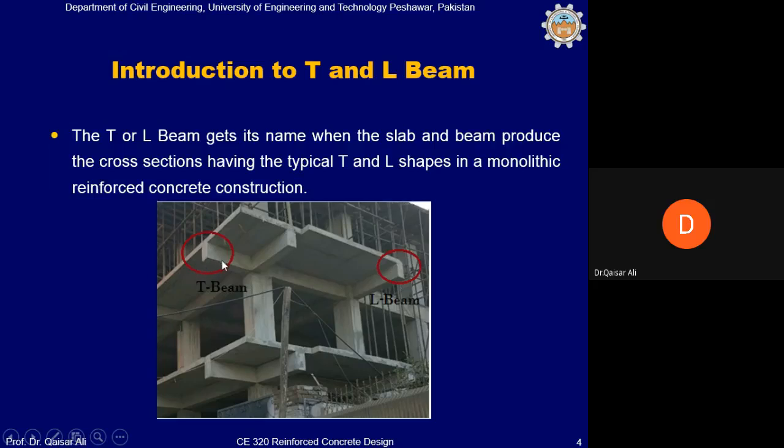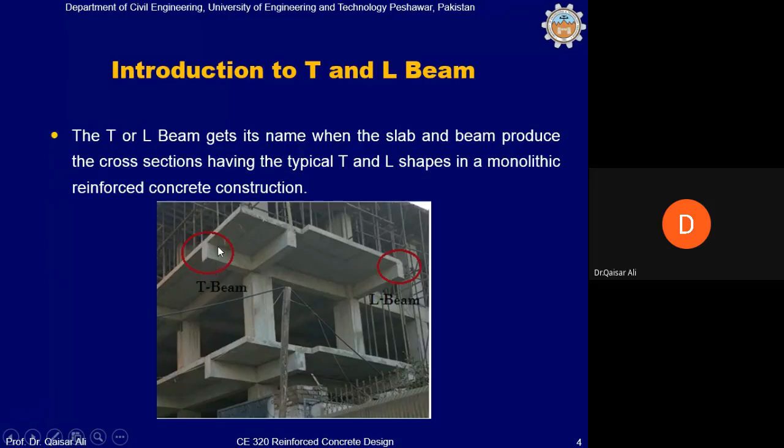Which means that part of the slab shall be taken as flange of the beam, because it will also be in compression when the beam bends down. And in the case of T beam, there will be two sides of the slab.